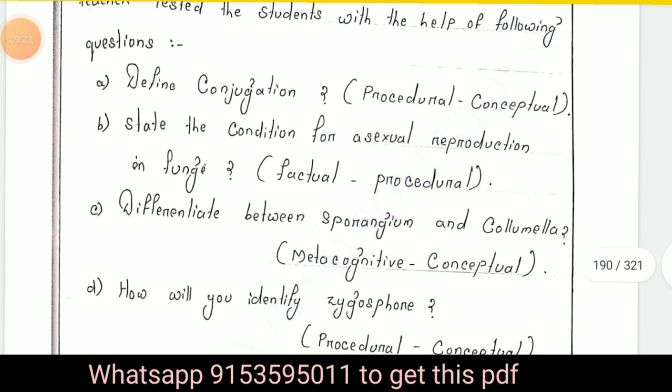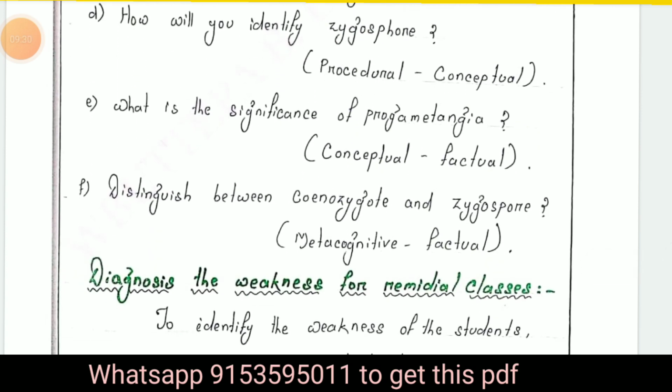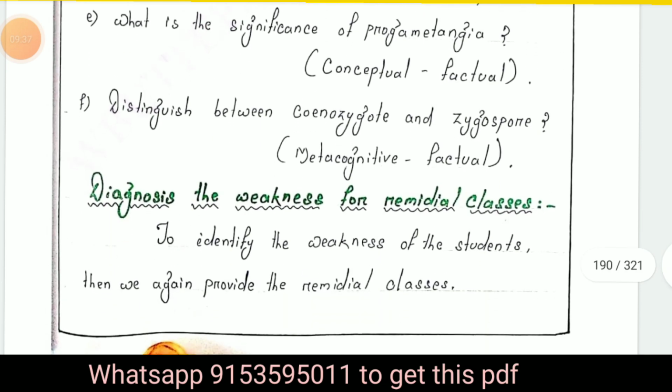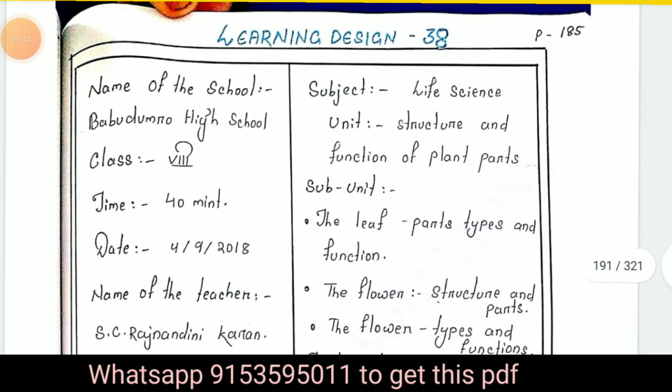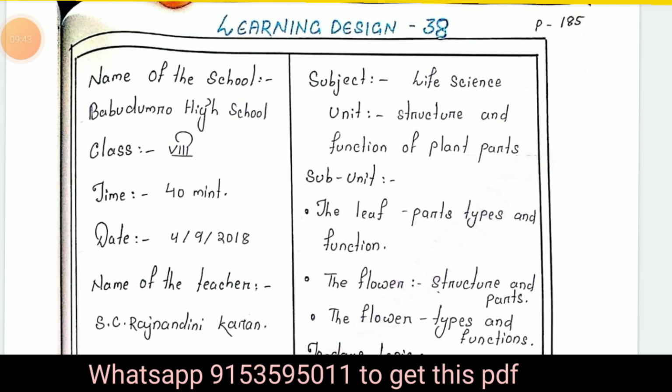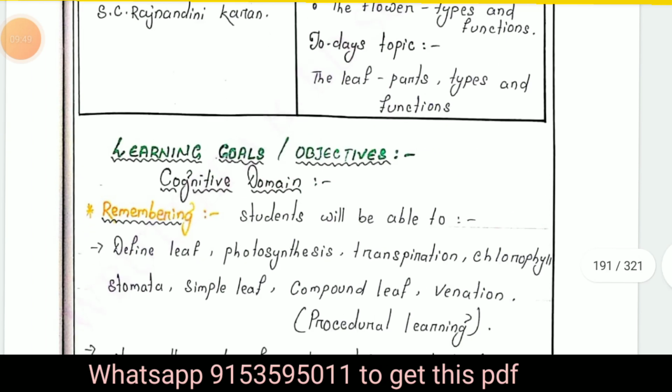Some questions are available here. Last point: diagnose the weakness for remedial classes. Learning design number 38. Subject: life science. Today's topic: the leaf of a plant, the leaf parts, types and function.